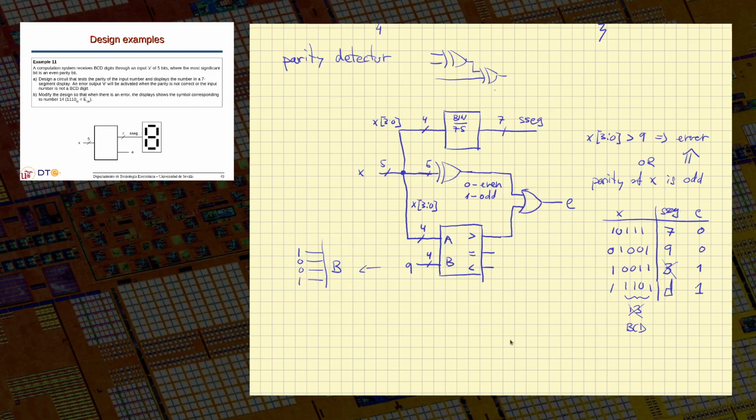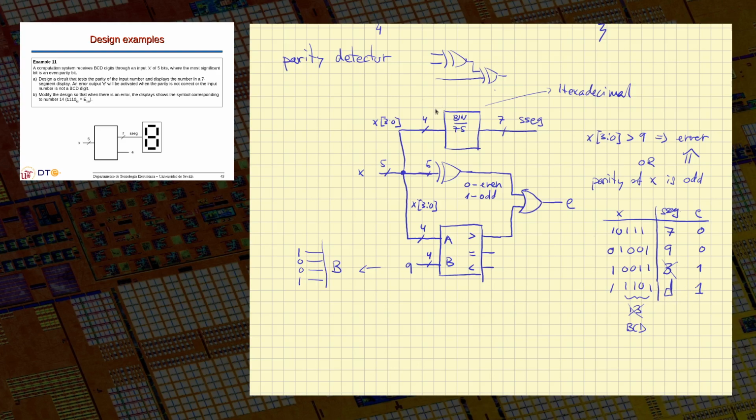So we will assume first that this binary to 7-segment converter is a hexadecimal converter, which is most common. If you have to design the converter, it's very simple to design it to be hexadecimal. It gives you more flexibility. It will do something like this. There's an error, and then it represents number D.